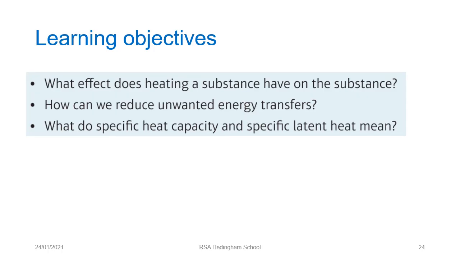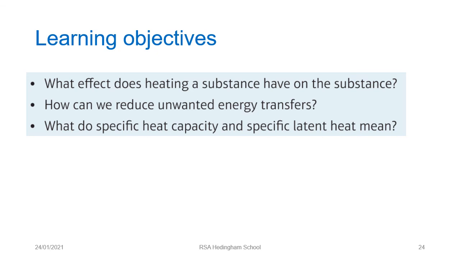Okay, well, that's it for this lesson. So we've looked at the effect that heating a substance has on the substance. It makes the particles vibrate more in the case of a solid, or move more quickly in the case of a liquid or gas. We can reduce unwanted energy transfers by insulating. We can't stop them completely.